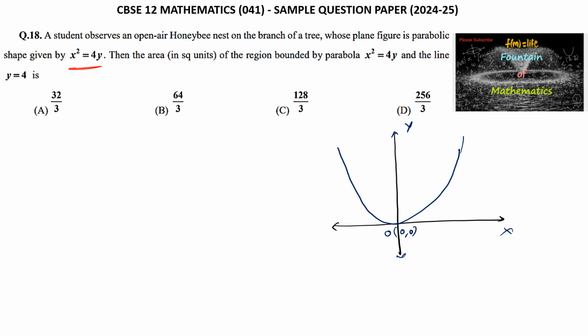And then the area of the region bounded by this parabola and the line y is equal to 4. We can see the line. So this is y is equal to 4. Then the area of the region bounded by this.